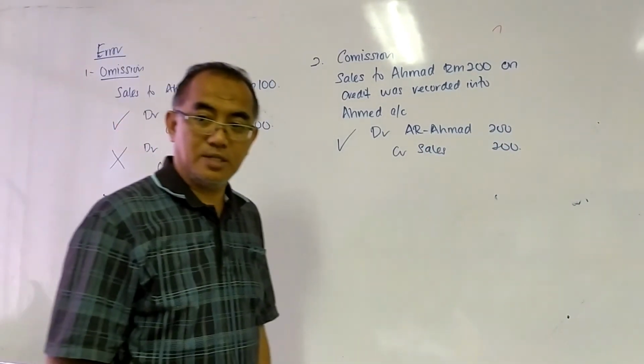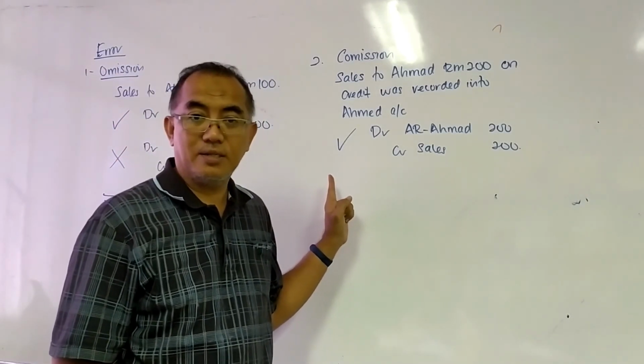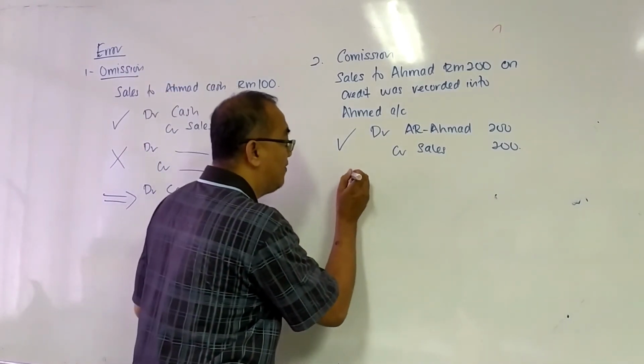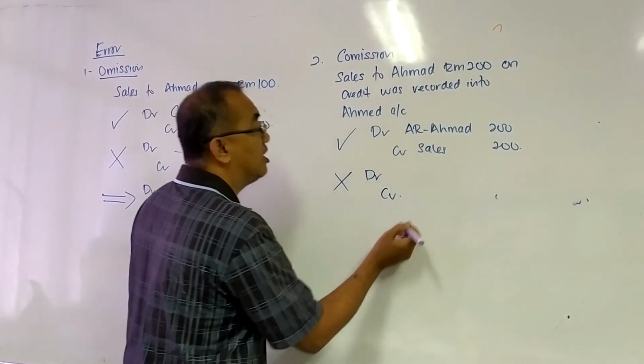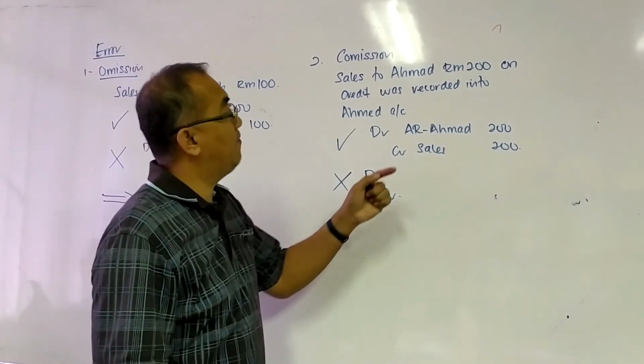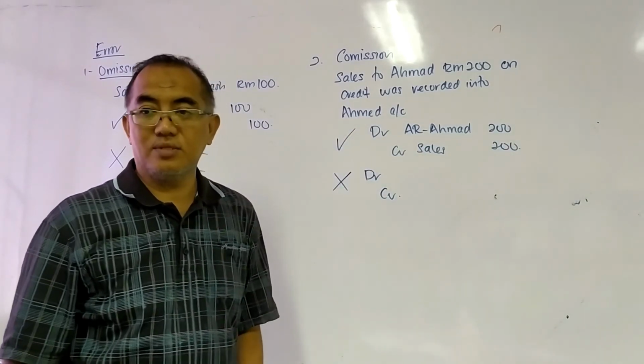Credit sales 200. This is the right journal entry. But you have done wrong. So what is the wrong journal entry that you have made? You have recorded it into Ahmed's account.